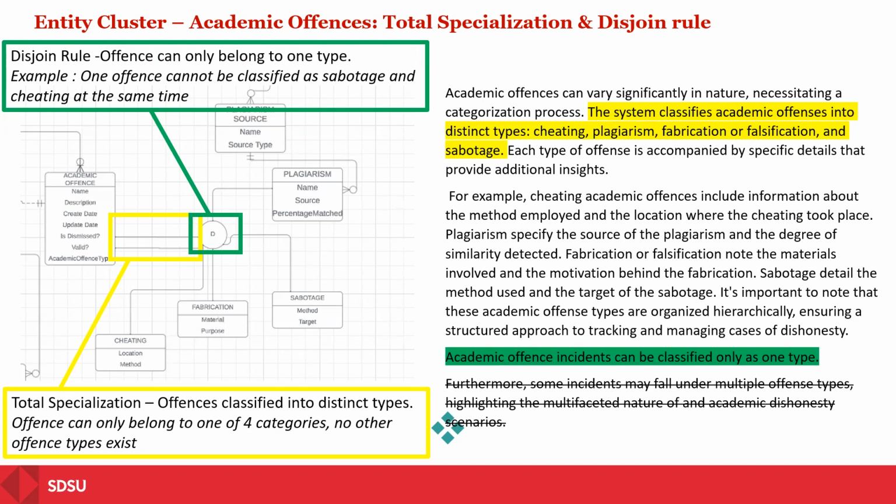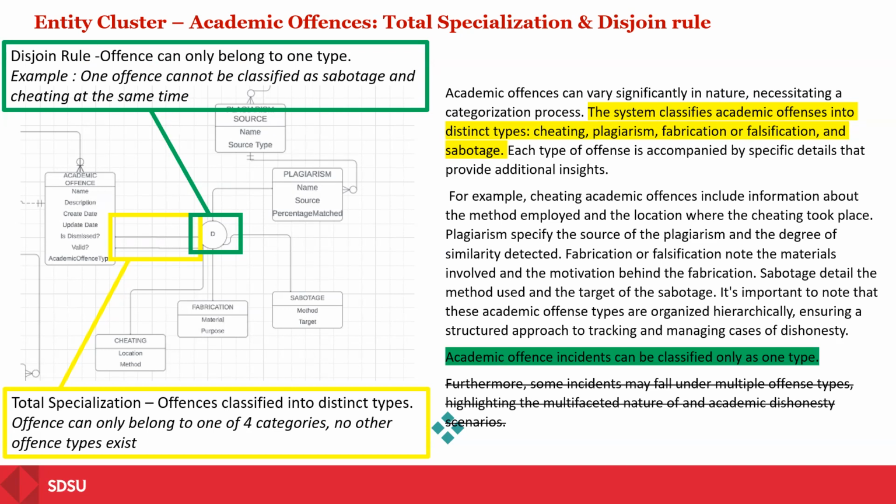The reason it's a total specialization rule is because offense is classified into 4 distinct types and no other types exist, so we cover all those types within this diagram. No other types exist outside of that. And it's also a disjoint rule, because an academic offense can only be classified as one type, so it cannot be plagiarism and sabotage at the same time.